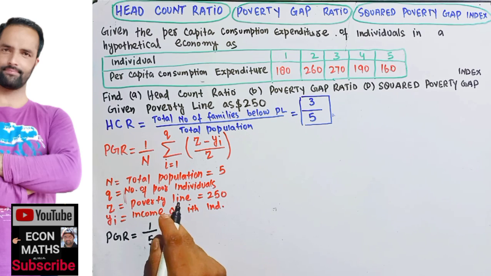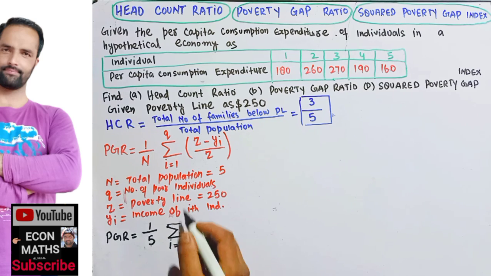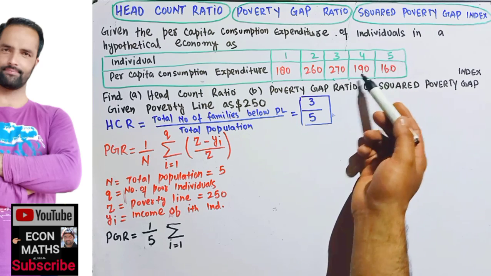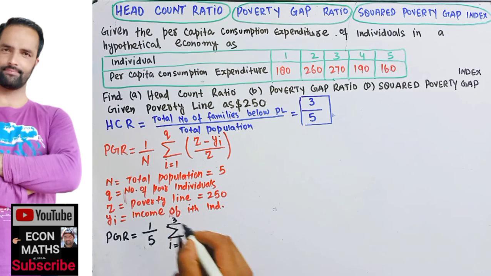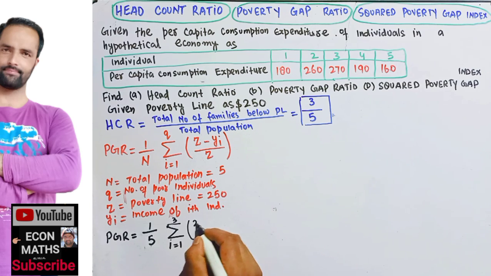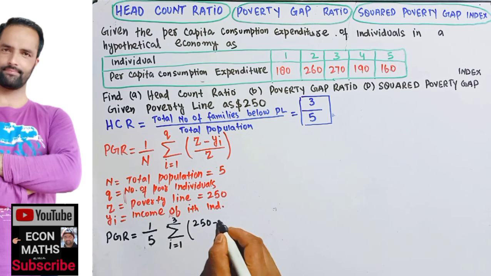We take the summation from i equal to 1 to q, the total number of poor, this one and this one, so we have 3 here, and we use 250 in place of z. We have 250 minus yi divided by 250. Now we need to expand this, and we can do it.